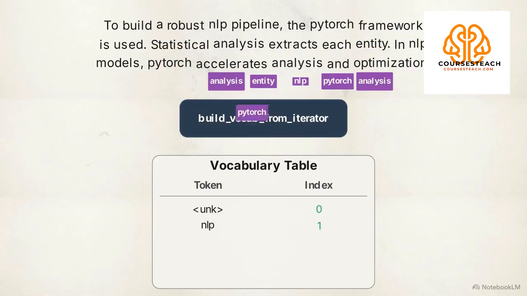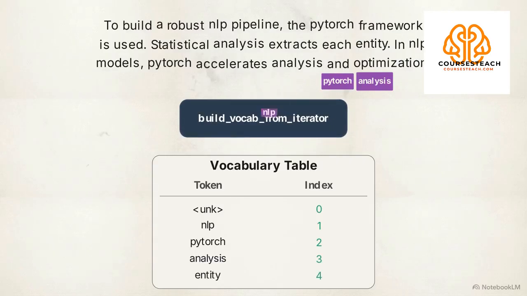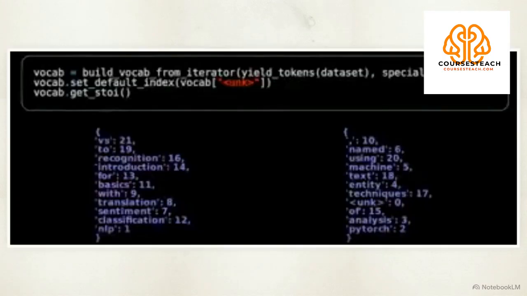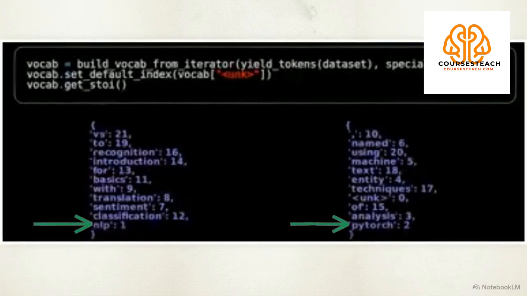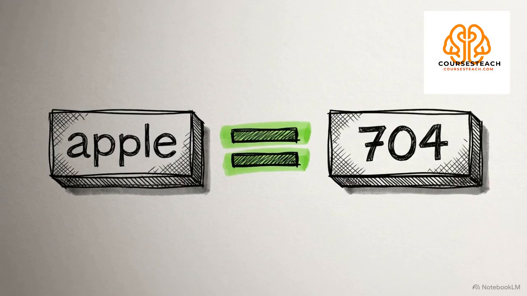The output of that generator is passed directly into the build_vocab_from_iterator function. This is the mechanism that creates the actual numerical ledger. This dictionary maps each string token parsed from the dataset to a rigid integer. The word NLP becomes index 1, PyTorch becomes index 2, and so on. The final processing step replaces the human-readable string lists with a sequence of integers drawn from this exact dictionary map.